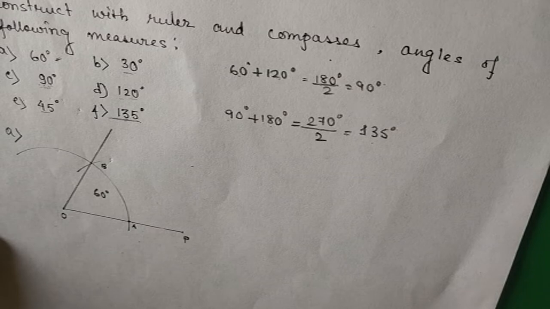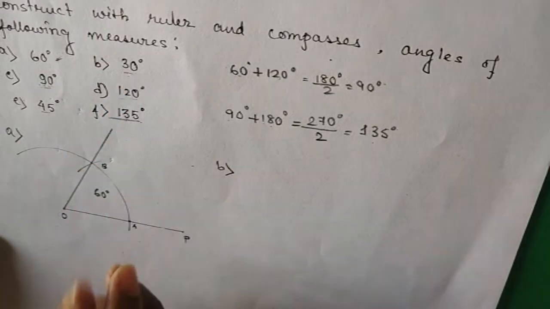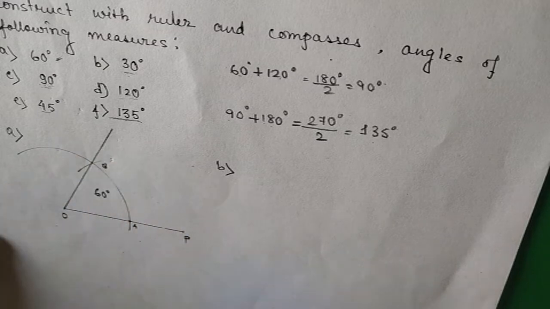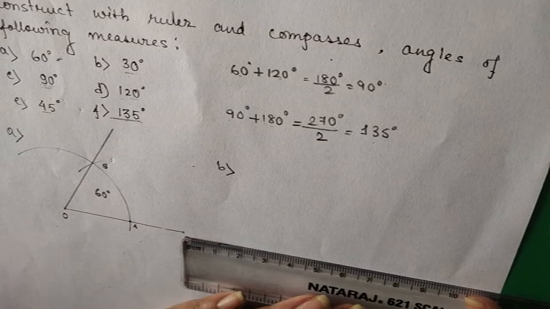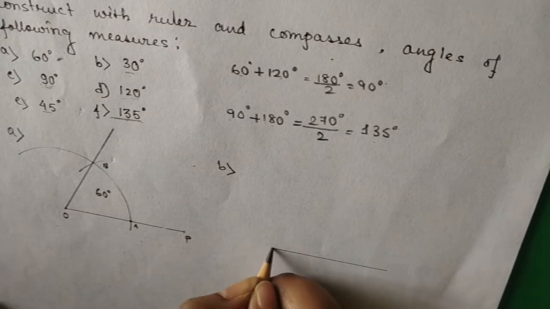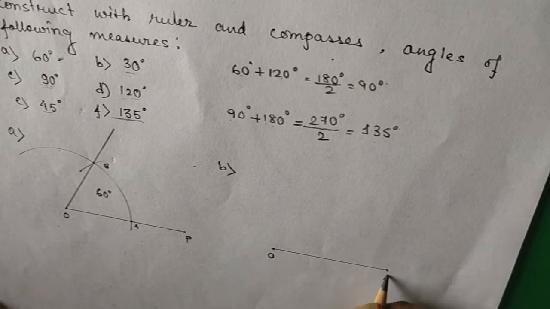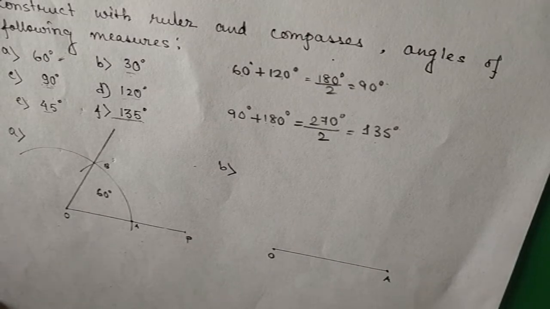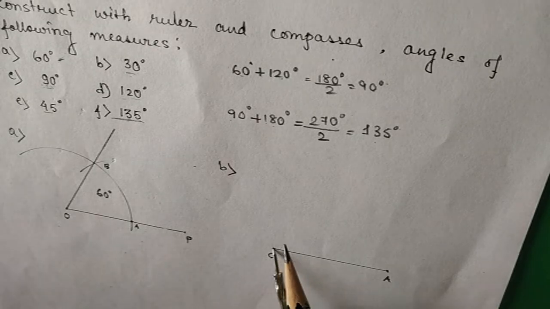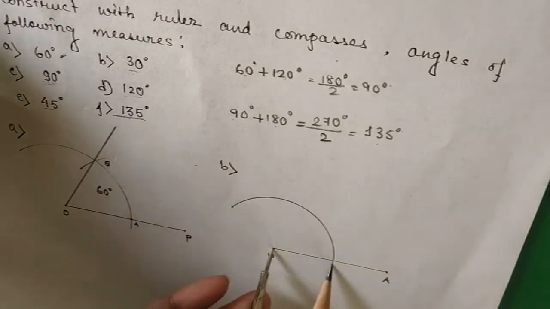Now next come to the B part. In B part we have 30 degree. That means we will bisect this angle to get 30 degree. So to construct 30 degree, again we will draw 60 degree. See, this is O and this is A. Now again we will take a convenient radius, and from point O we will draw an arc.